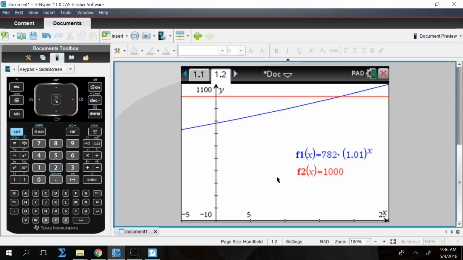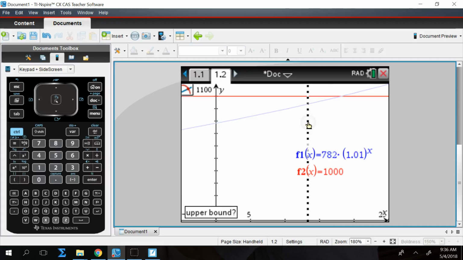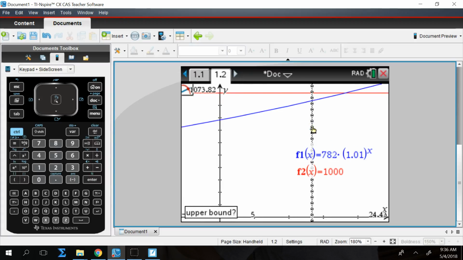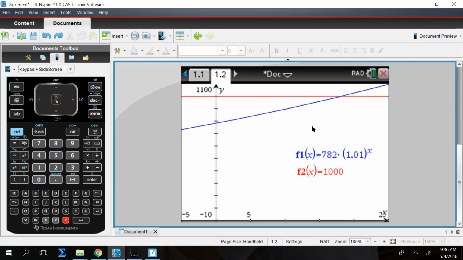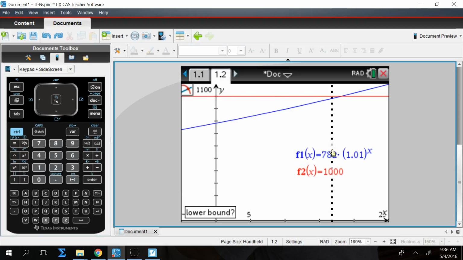Now I can analyze my graph, find my intersection. Whoa. Okay. Analyze my graph, find my intersection. Come on now.